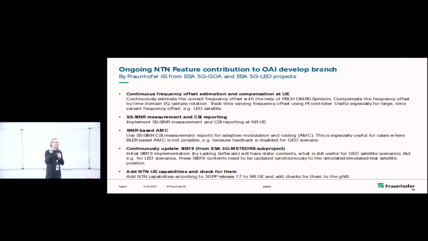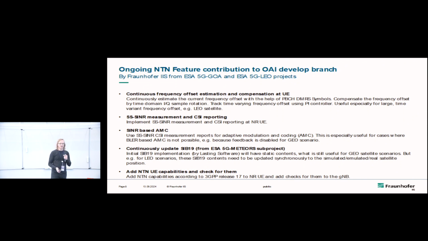But this is currently limited to constant values. So it's only working for geostationary satellites where the satellite really is not moving. For LEO, we have to update the contents of SIB19. So this is one of the features that we have to contribute. And this makes it more difficult because you have to get information about the position of the satellite via an external interface that is unfortunately not standardized in 3GPP. So we have to invent something.